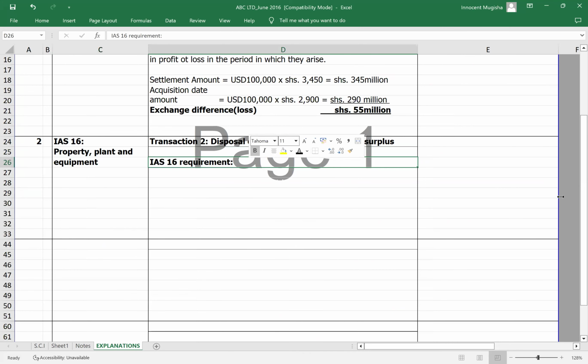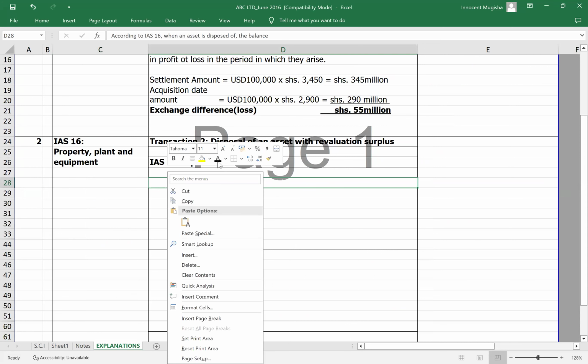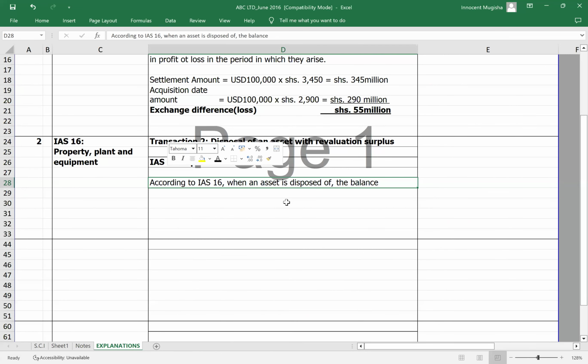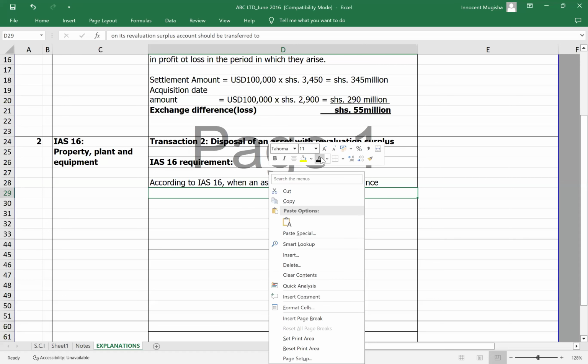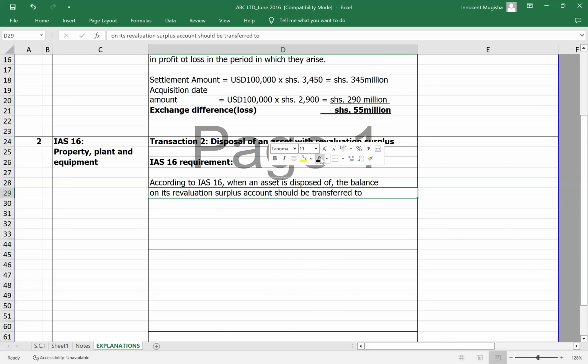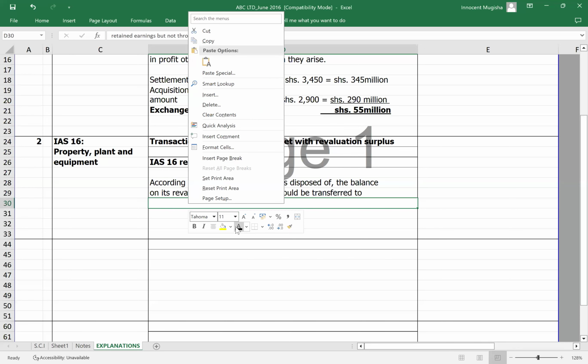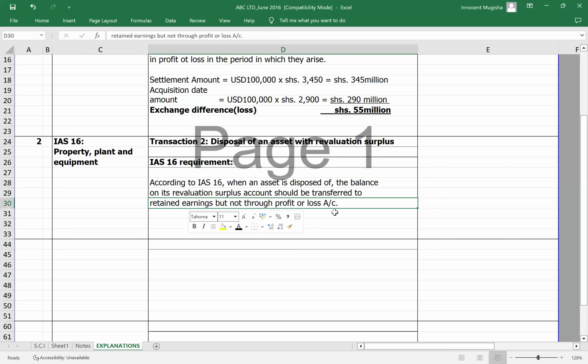I give an indication of the accounting treatment, and here we are saying, according to IAS 16, when an asset is disposed of, the balance on its revaluation surplus account should be transferred to the retained earnings, but not through P&L.